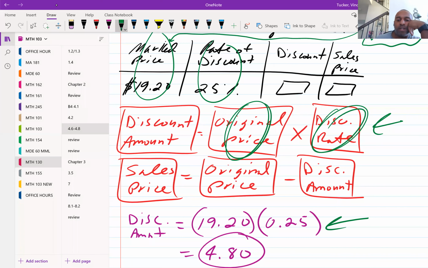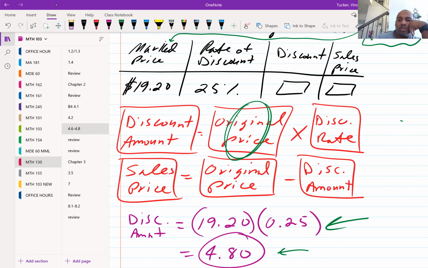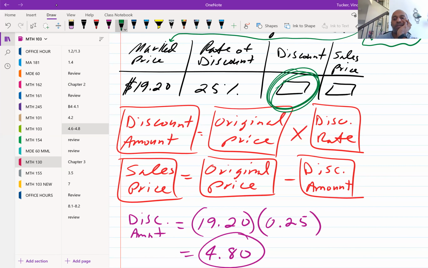So that tells you to multiply original price times the discount rate to get the discount amount, which is 480. That's how we get the discount amount, and that's what will go in this first box.